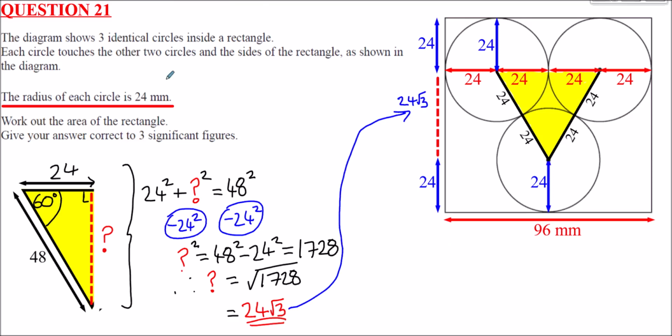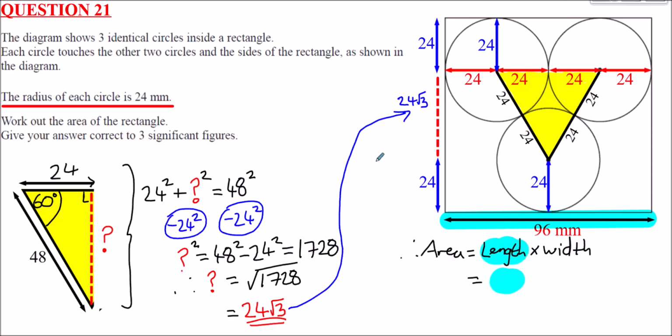So we can now work out the area of the rectangle. So therefore, the area is going to be the base times the height, or the length times width, whichever way around you want to do it. Length times width. So the total length of this rectangle, hopefully you can see, it's just all this going along. So that's 96.